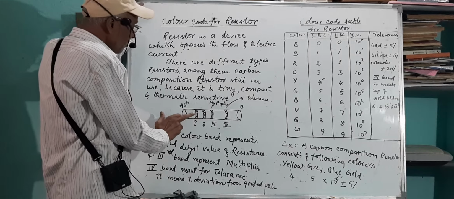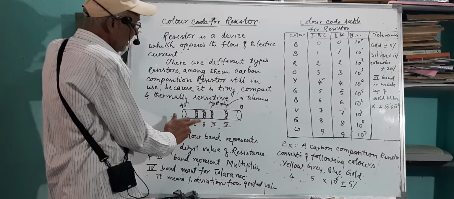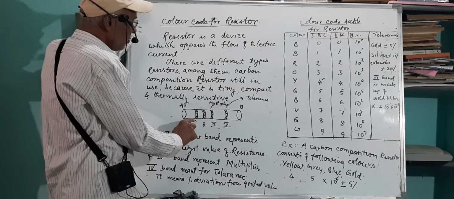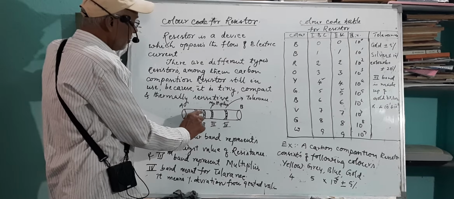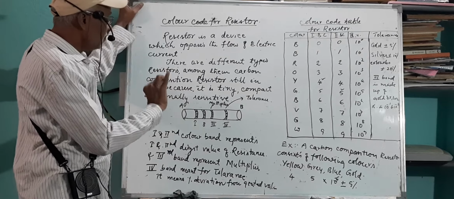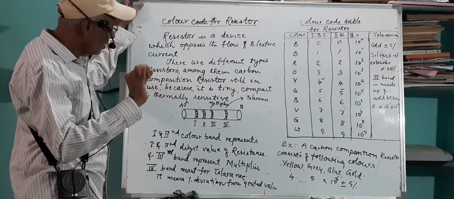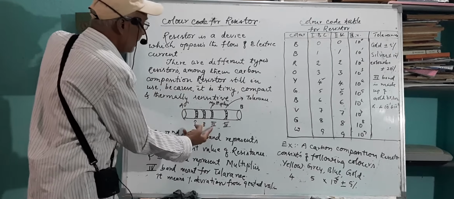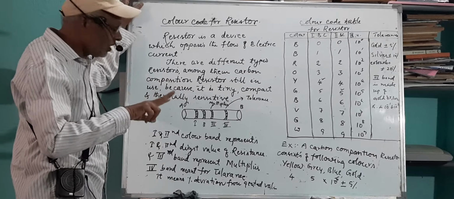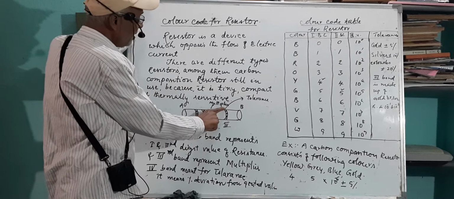The first and second bands represent the first and second digit values of resistance, whereas the third band gives the number of zeros following the previous two digits. I mean that this is also referred to as the multiplier.